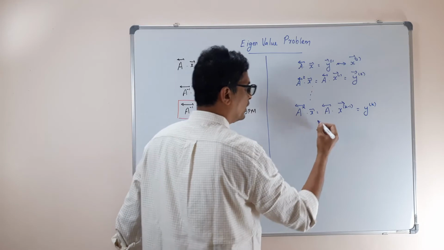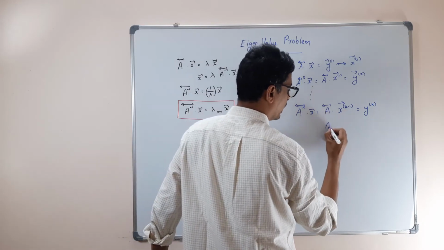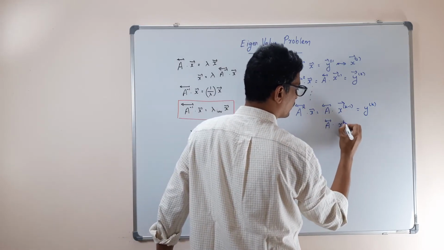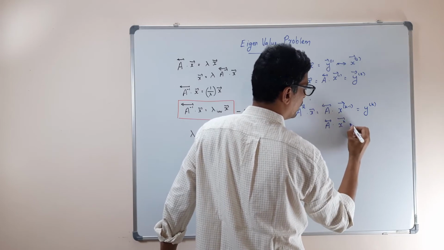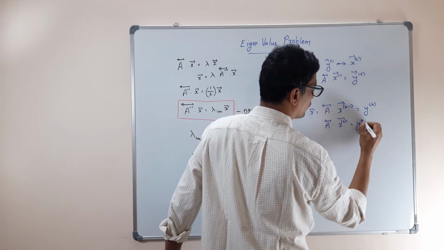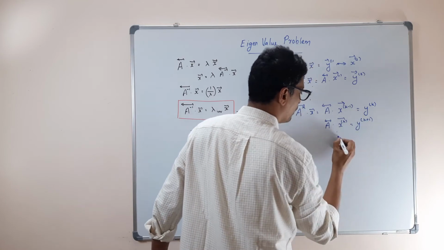The next one will be A x of k, which will be y of k plus 1, and this way we can proceed.